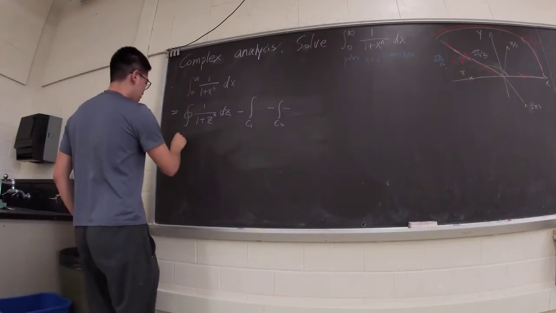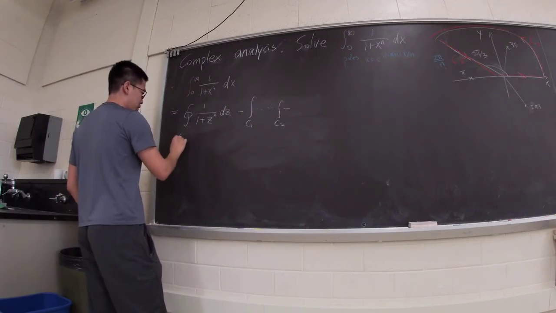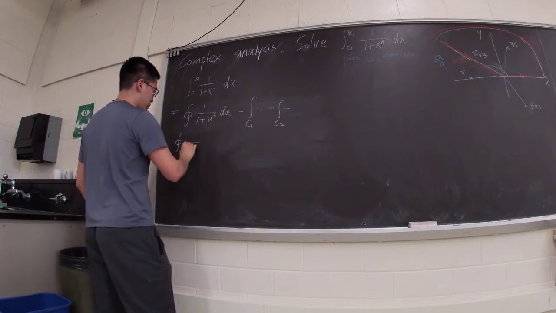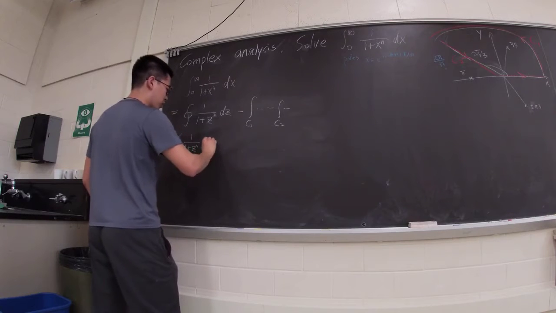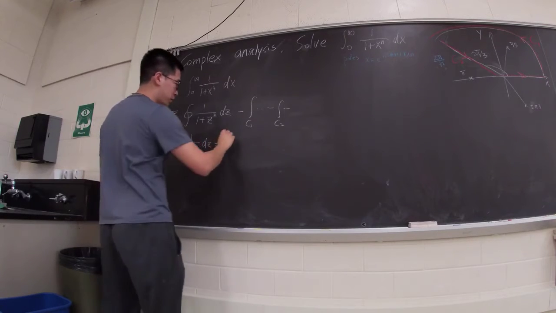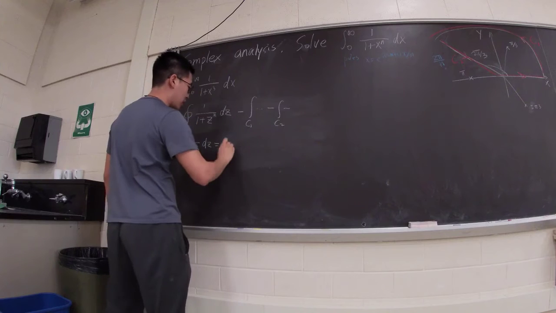So let's study each one of them. This is 2 pi i times the residue.